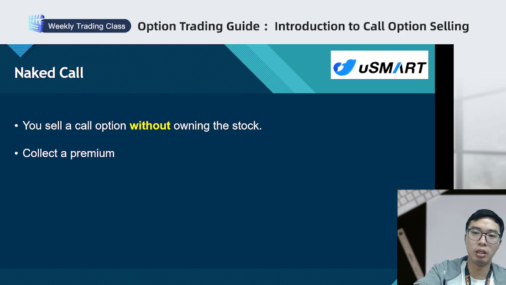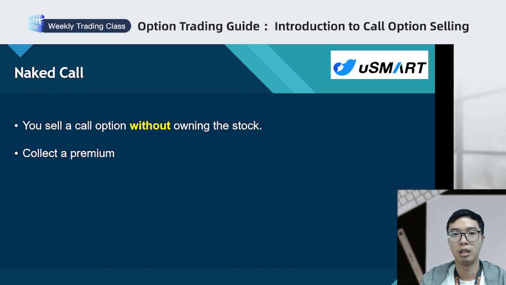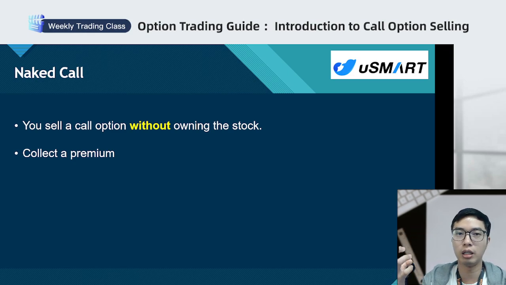Your maximum profit will be the premium paid by the call buyers. We are the counterpart of the call buyers. I repeat again: the call buyer has limited risk, which is the premium paid, and that premium is paid to the call sellers. The maximum profit of the sellers will be the premium paid by the call buyers.